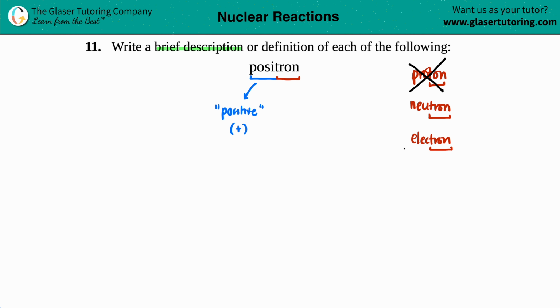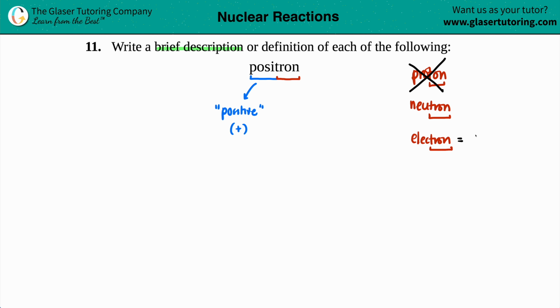By just looking at this, you've got a 50-50 shot. But if it's a positive something, it's probably going to be the opposite of what the subatomic particle is. So if we're denoting that something is positive, maybe we're talking about something that usually is negative. Which one out of the neutron or the electron is the negative one?